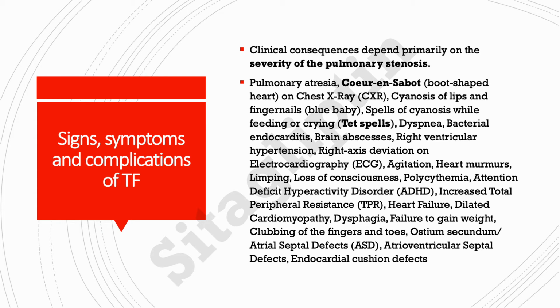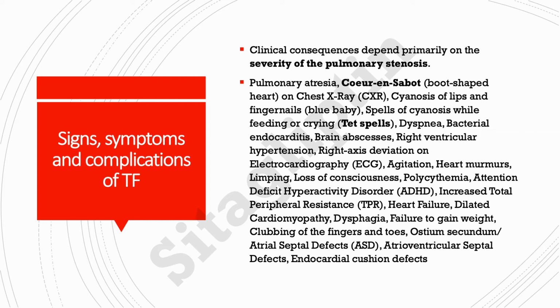We have a boot-shaped heart, which is visible on a chest x-ray. Normally we don't do x-rays to diagnose defects in the heart. For example, for Tetralogy of Fallot, we use ultrasounds.